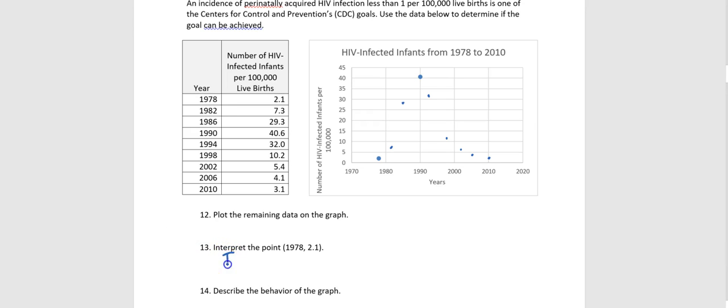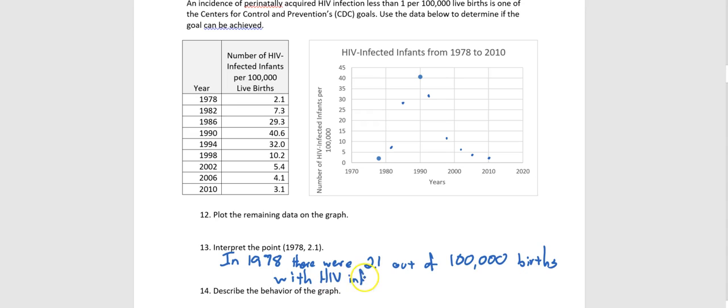What that means is in 1978, there were 2.1 out of 100,000 births with HIV infection. Any questions on that interpretation?